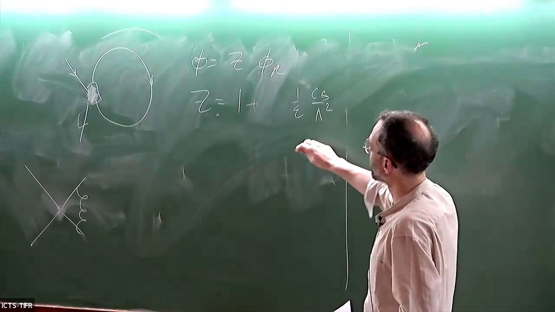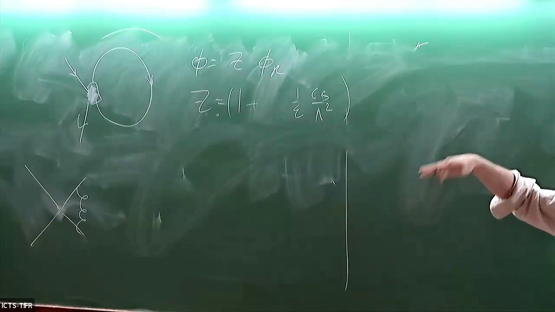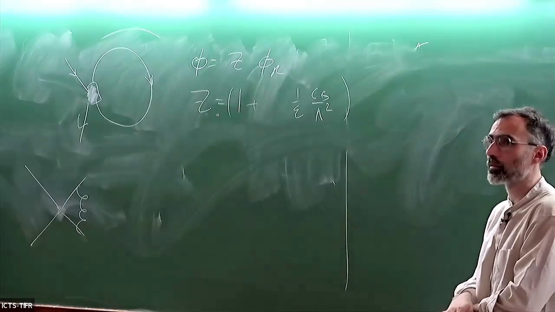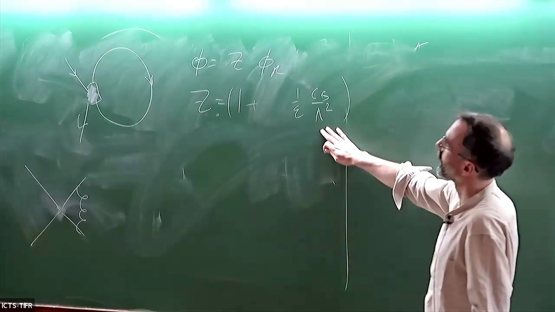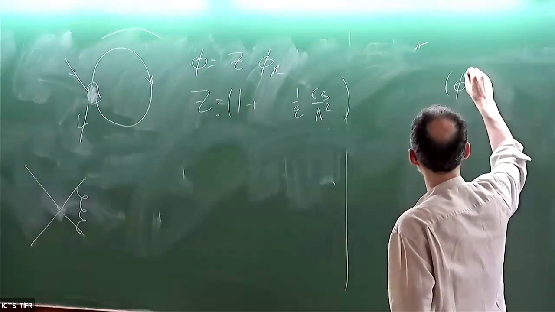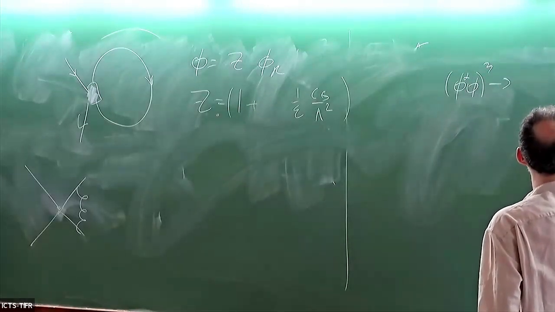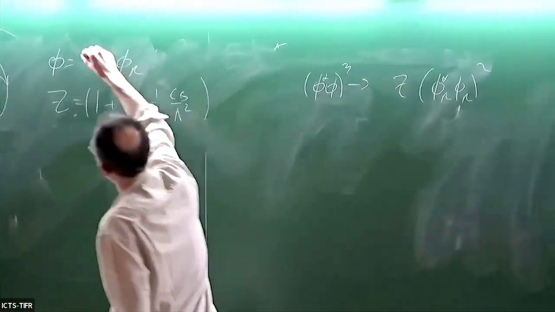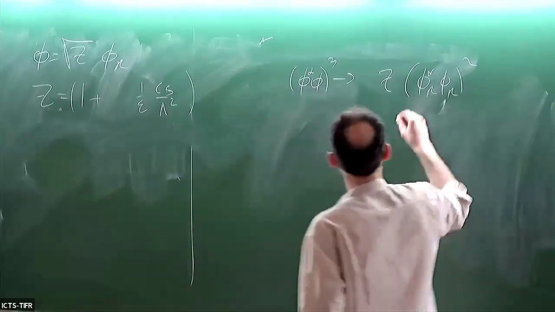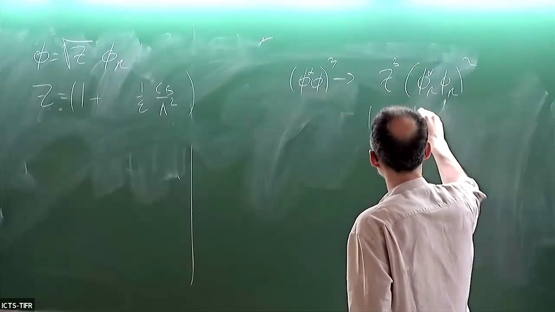And while this looks like an important term, and it will filter into, for example, the RG for lambda itself, for the quartic, for the high dimensional operators, this happens to be a higher-order effect: phi cubed renormalized comes with 3 powers of z, but that is 1 plus 1 over lambda squared.